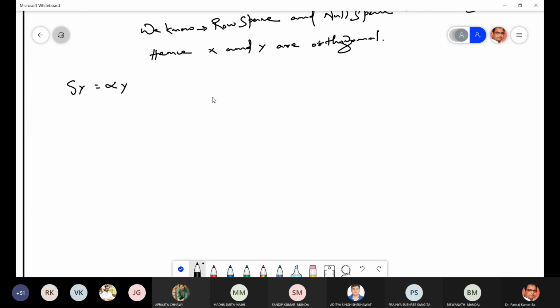S minus lambda I x, yeah, that direction. S minus alpha I y is equal to 0 y.